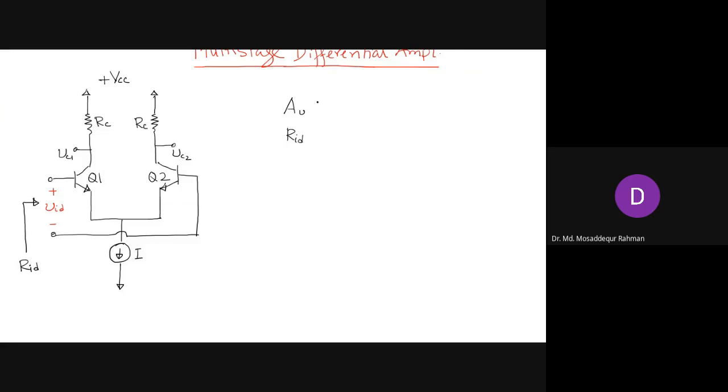The voltage gain for the differential amplifier is written as AD. If you are taking the output from a single node, in this case VC2, we write VC2 by VID, and that will be positive half gm RC.